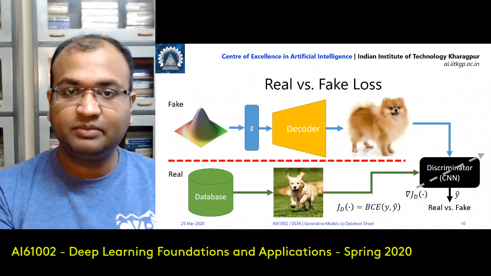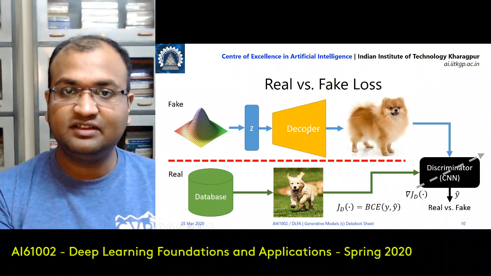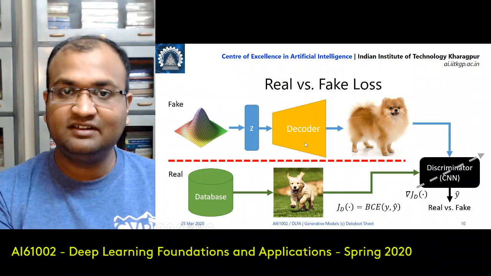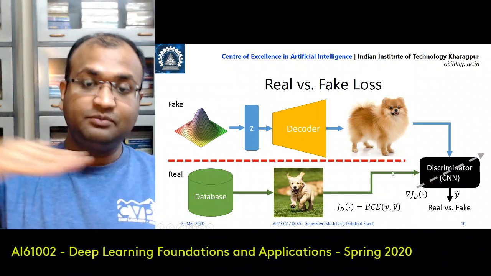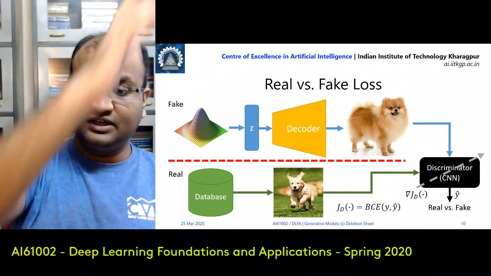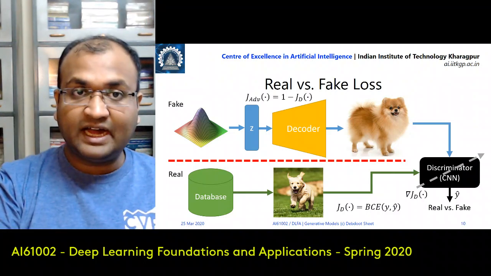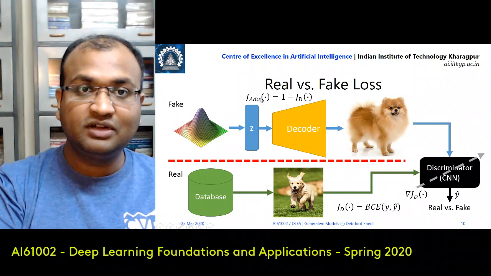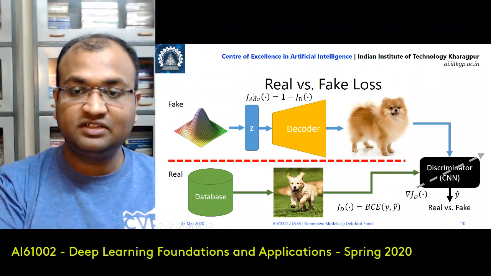Next, what I do is my decoder has to start confusing the discriminator. Now what that would mean is that the decoder would modify itself such that there is a gradient ascent in the discriminator, or the loss keeps on maximizing. Okay, so now you can do that by essentially creating a new kind of loss function which is called an adversarial loss.